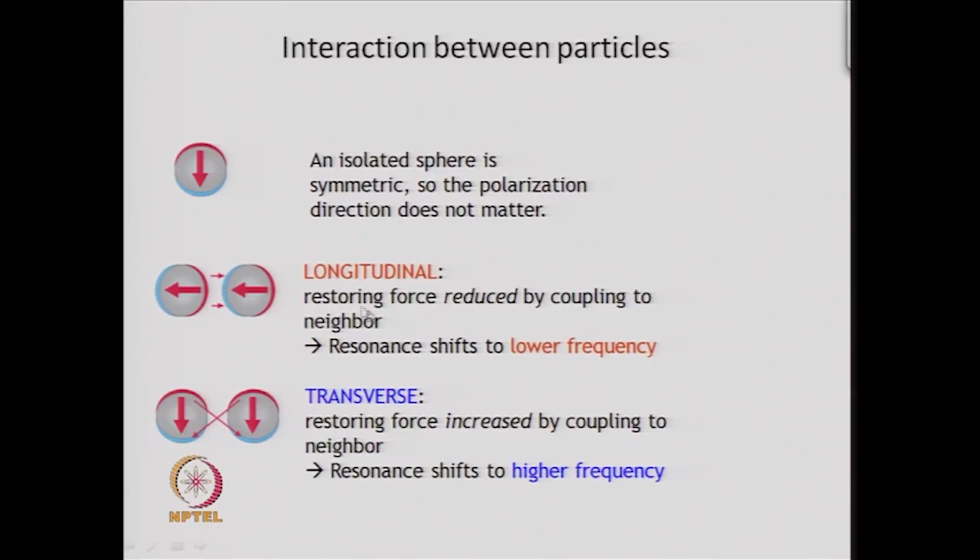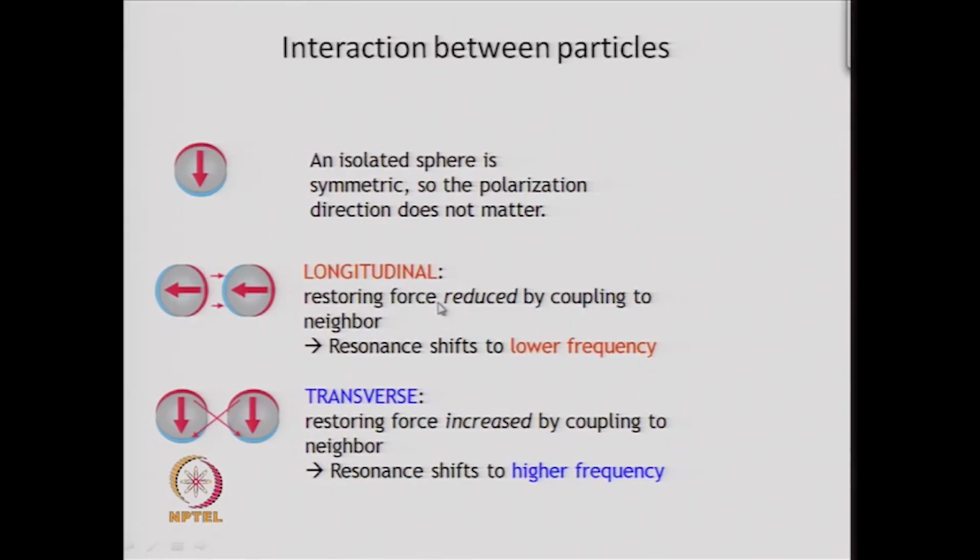So, the restoring force in the longitudinal coupling is actually reduced when this one couples to this one. That is because they produce a resultant which is opposing the original plasmon vector. So, the restoring force is reduced by coupling to the neighbor, and the SPR band shifts to lower frequency.